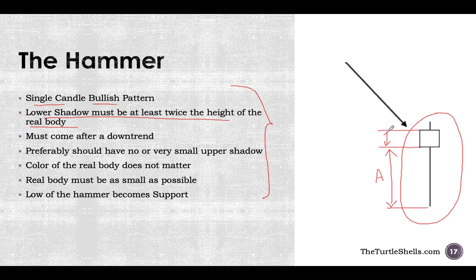Let's call this B. What this point is saying is that A should be at least twice of B. If it is more than twice of B, it is even better. Here, just by eyeballing it, we can tell that the lower shadow is more than twice the height of the real body.